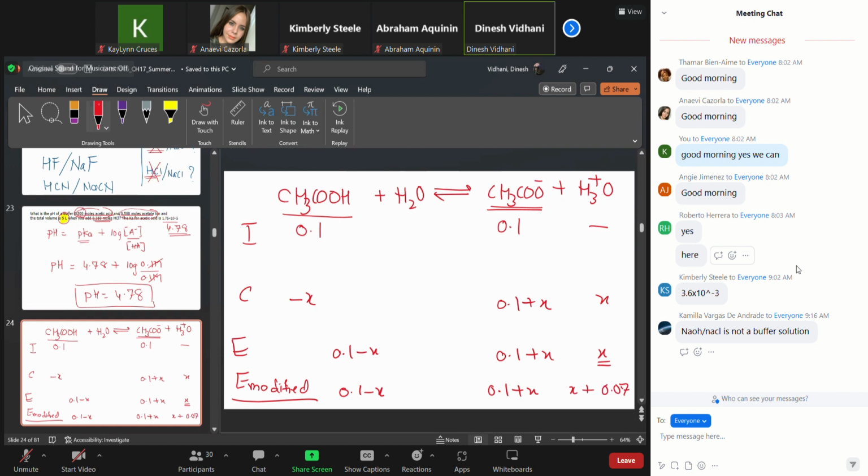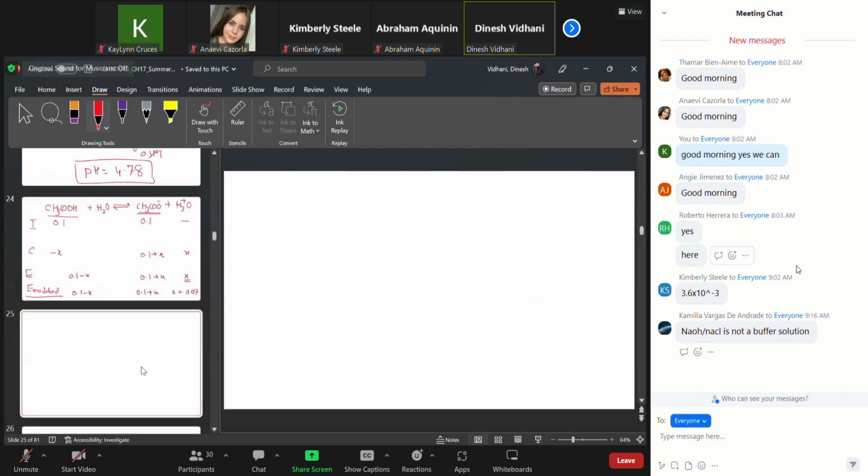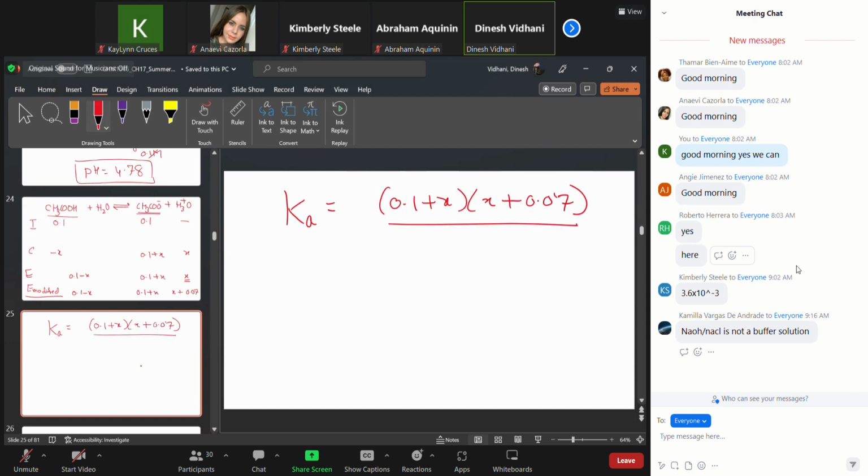Okay, write down the Ka equation for this using this one. Ka equals your products, which is 0.1 plus X, and X plus 0.07. This is your hydronium ion, divided by 0.1 minus X. Can you solve this one, guys?